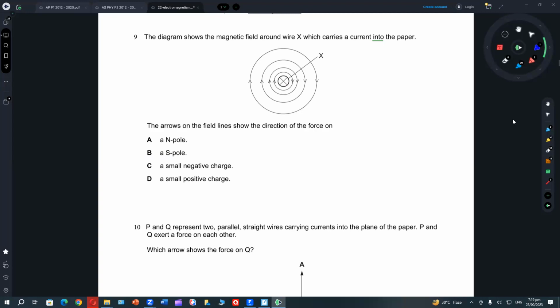Magnetic field is clockwise. Current is in the page.